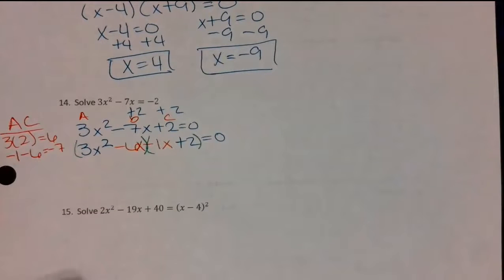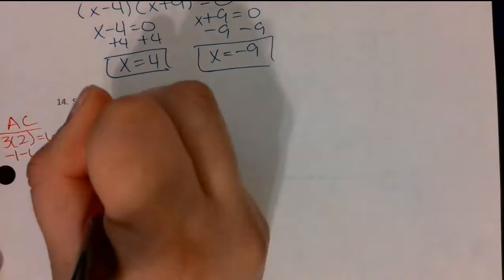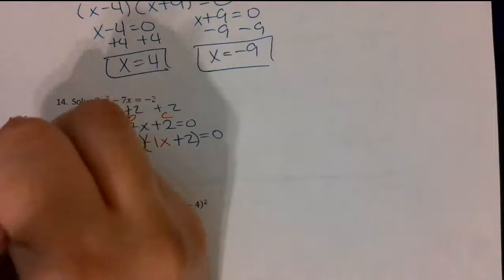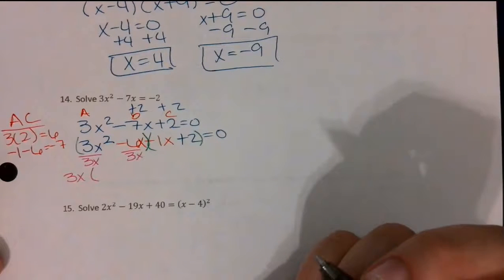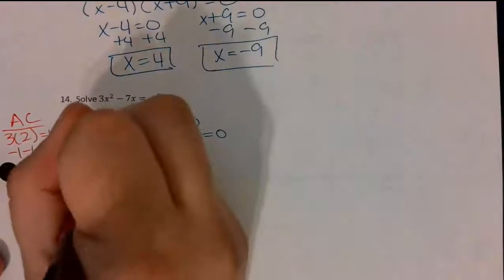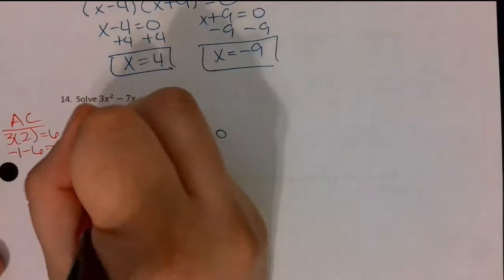My first group, I'm looking for what they have in common. They both can be divided by 3x. So I write that out front. Then I write what I get left over from dividing on the inside. 3x squared divided by 3x is x. Negative 6x divided by 3x is negative 2.